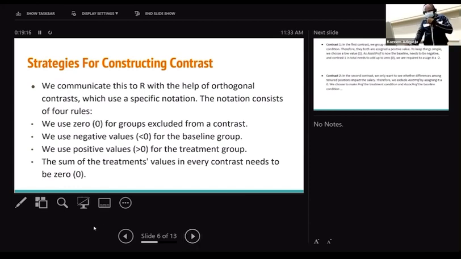That is why I said we use 0 for a group excluded from a contrast. Where we use negative, that's the baseline group. And where we use positive, that's the treatment group, because we always compare the treatment group with a baseline group.